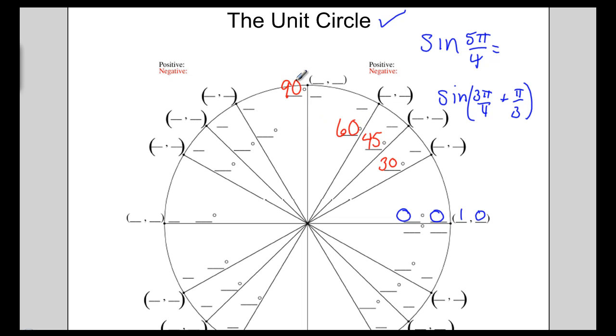Now I'm going to rewrite each of these in radian form. So 30 degrees is the same thing as pi divided by 6. And again, remember that it's 30 multiplied by pi over 180, which reduces to pi over 6.